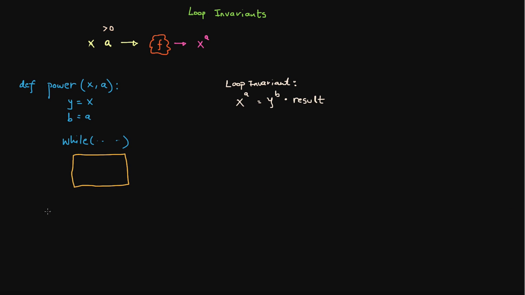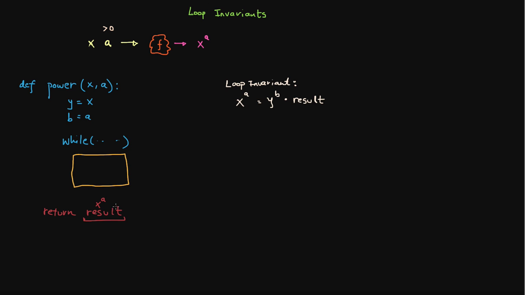As the very last line of my function, return result. This result is going to contain whatever is x to the power of a.